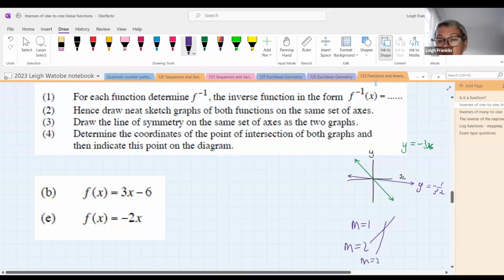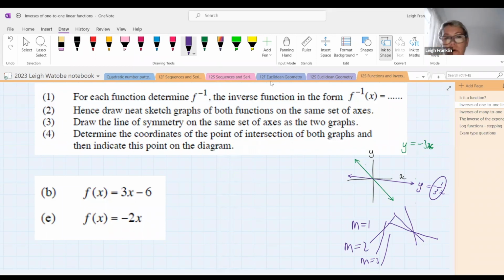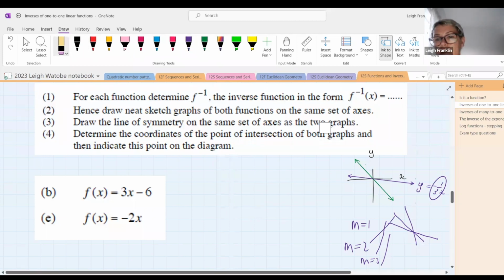If the gradient was equal to 3, then it would be even steeper than that. And it's the same thing the other way around. Minus 3 is a very steep gradient, but if you have minus 2, it would be less steep. If you had minus 1, it would be less steep. As this number approaches 0, the line starts to flatten out. I understand, ma'am.